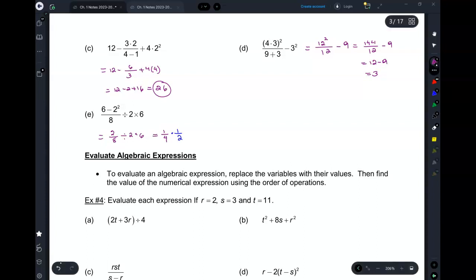Yep, times 6. So now this is 6 over 1. So this will be 1 times 6 is 6, all over 8, 3/4.